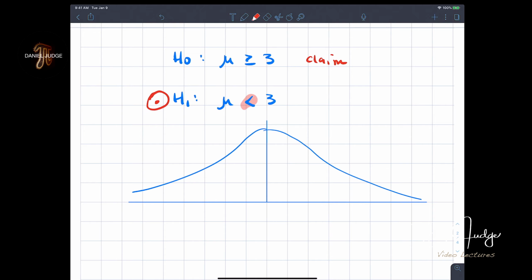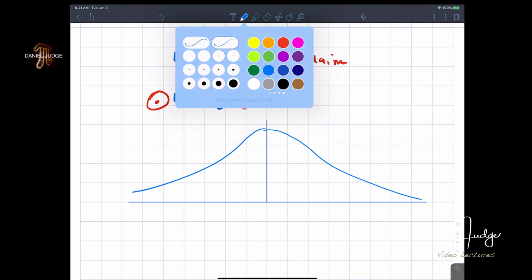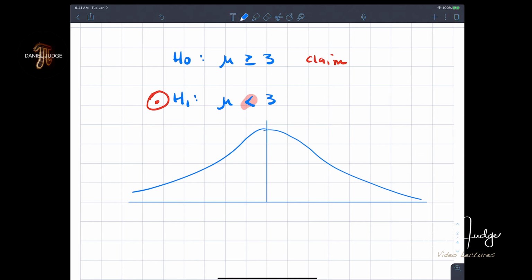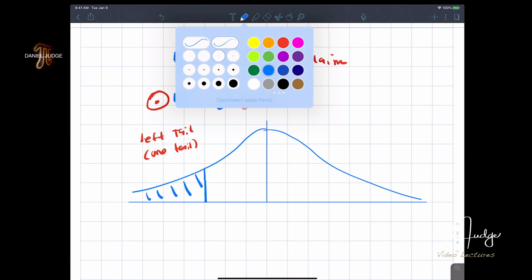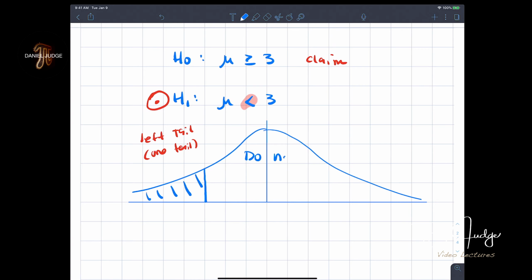We need to know, what does that mean? Well, that arrow's pointing to the left. That means we really have a left tail test. So this tells me we have a left tail test. More importantly, it's a one tail. So when I start to set up the regions, the non-shaded region is do not reject the null. The shaded region is to reject the null.